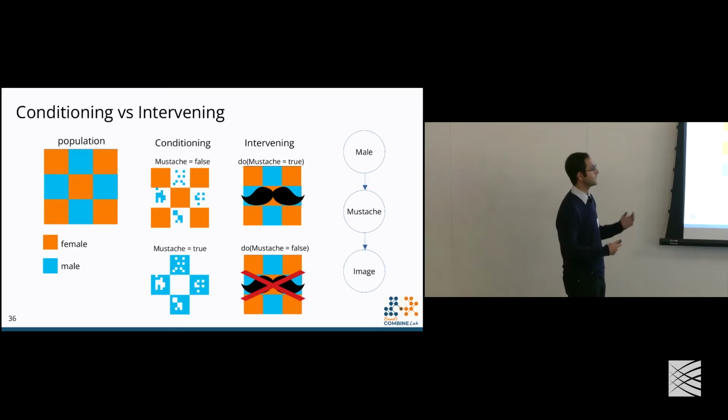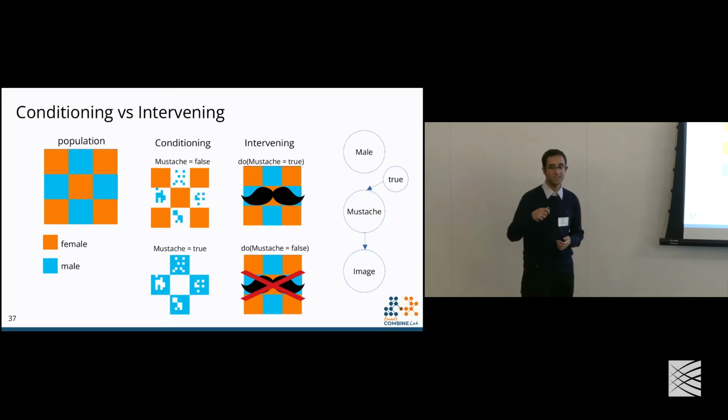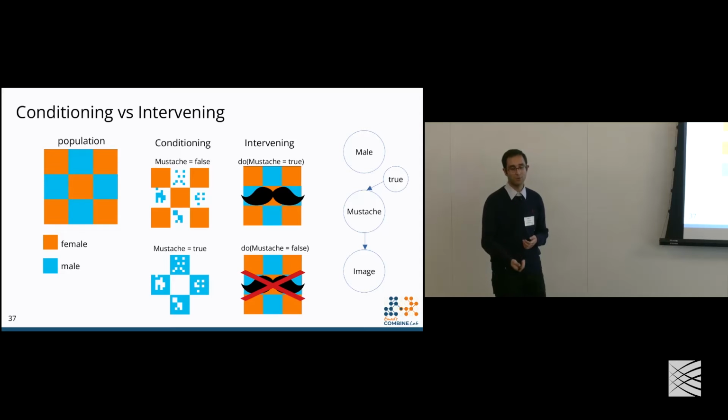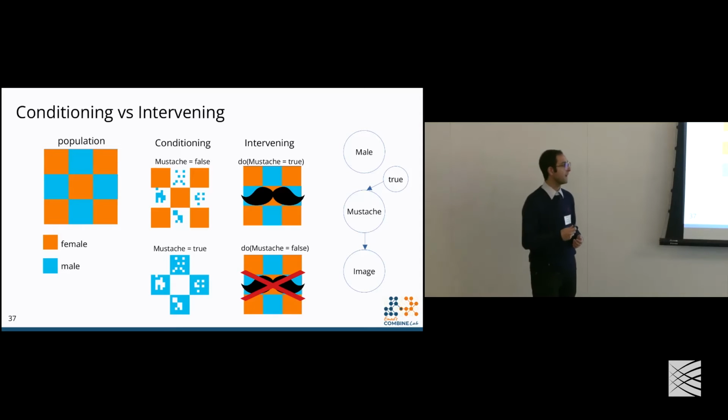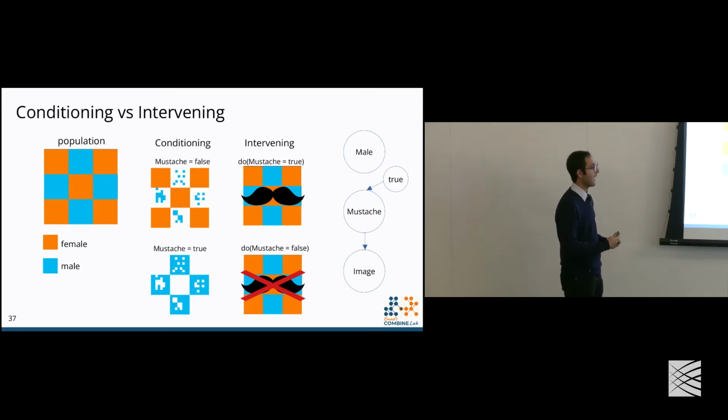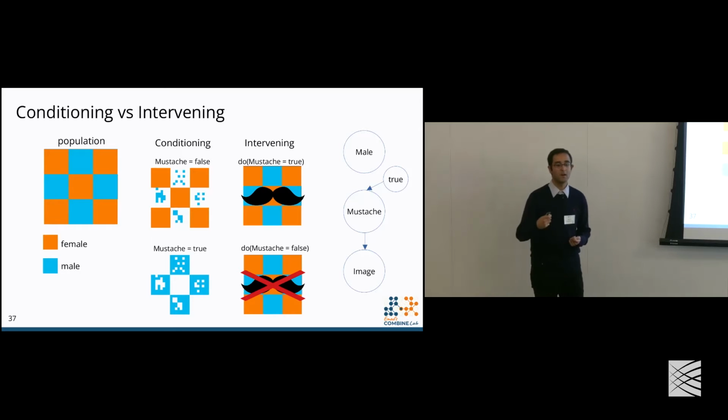So when we're doing this intervention, it's as if we are removing any links between mustache, the label on which we're intervening, and its ancestor, and then setting that to be a constant, like true in this case. And this will only influence the downstream descendant nodes, which in our case was the image.